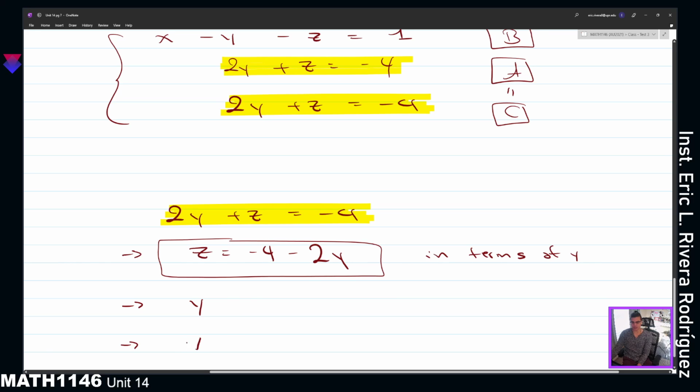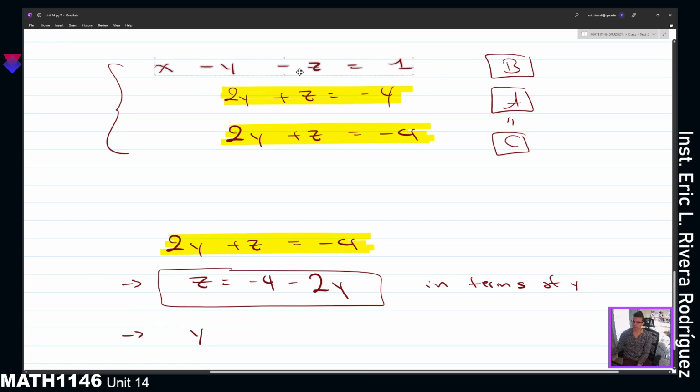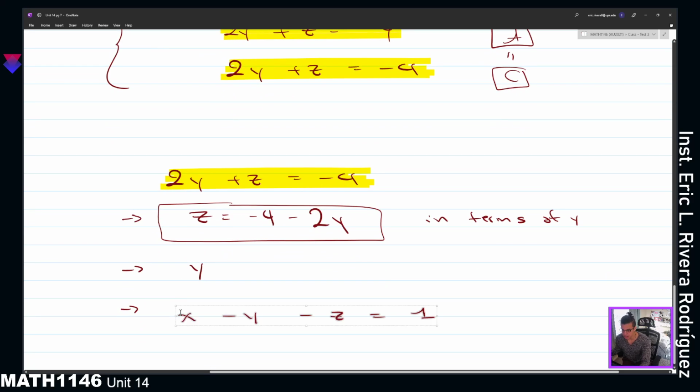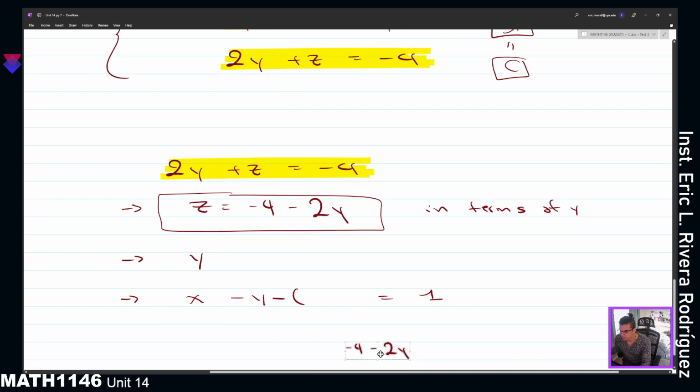So now we need to have x equal to something but in terms of y. And how are we going to do that? Well, if we take the first equation B, where we have x, and we substitute z with this equation, so it will be... okay.